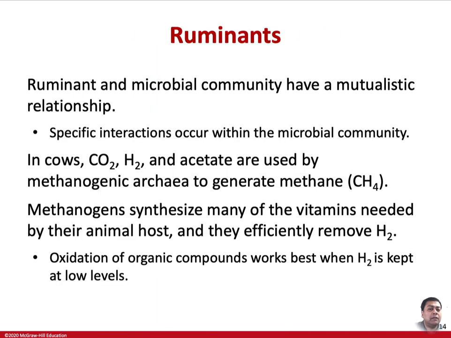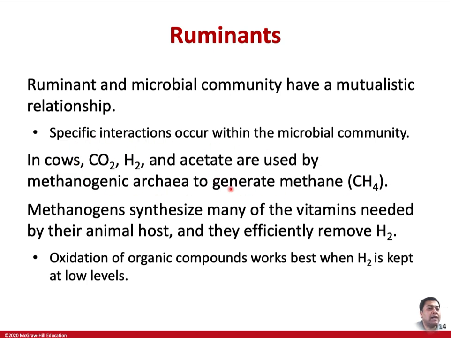We're going to take a look in detail at what kind of relationship happens here. Let's first take a look at an overview of that process before we go into the detail. The ruminant microbial community has a mutualistic relationship, of course, and there are specific interactions within the microbial community. In cows, carbon dioxide, hydrogen, and acetate are used by the methanogenic archaea to generate methane.